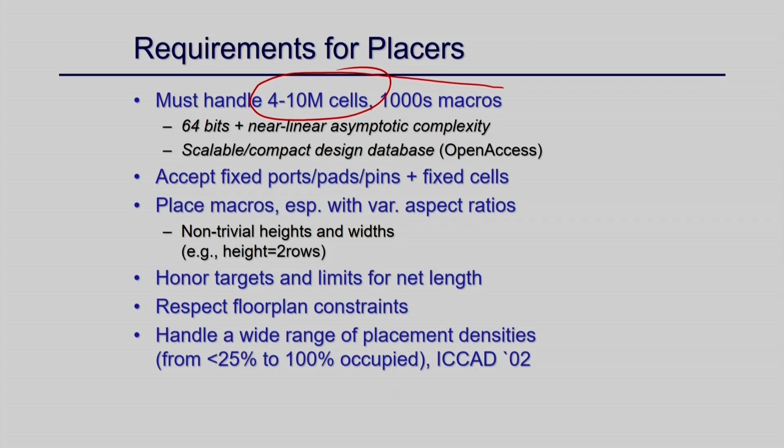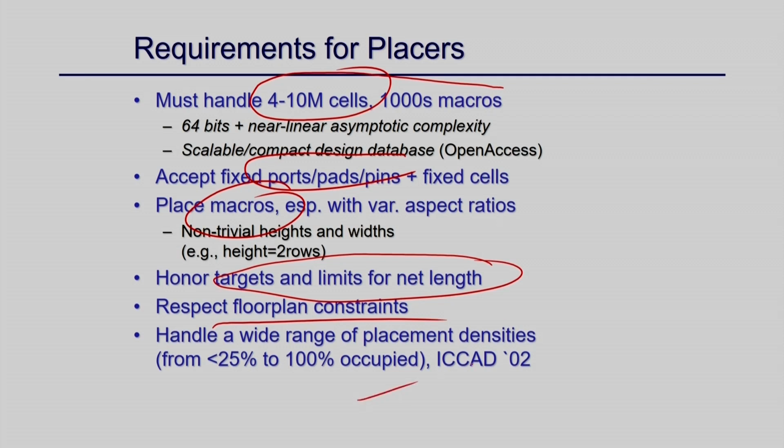We have maybe 10 million cells, and we also have to place macros like DSPs and all those, and you also have to place the ports and pads. You have to also honor the target and limit of each net length, respect the floor plan constraints and all those things. So, the placement has to satisfy all these kinds of constraints.